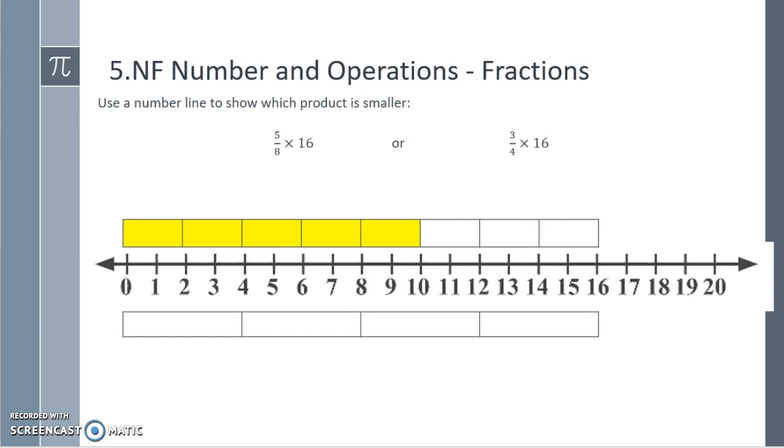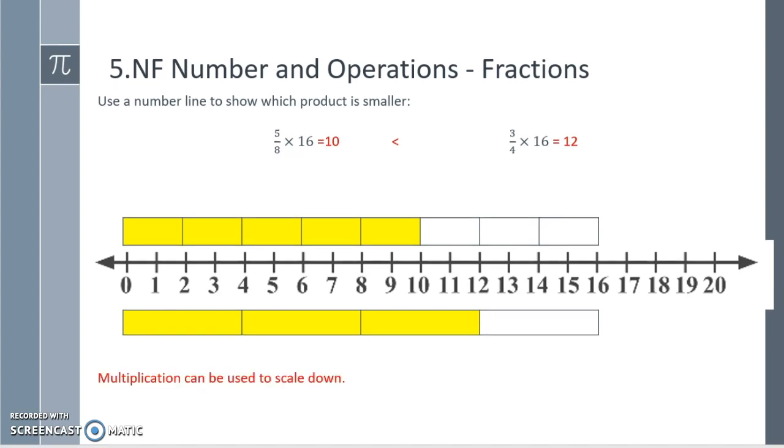I broke down my 16 using a tape diagram into fourths, and I want 3 of the fourths, which is 12. So I can see that although 5/8 appears to be larger because we have larger numbers, it's not always the case. So 3/4 of 16 is greater than 5/8 of 16.